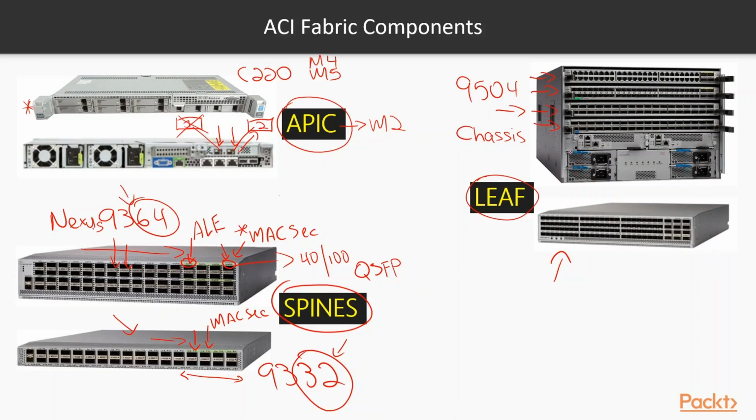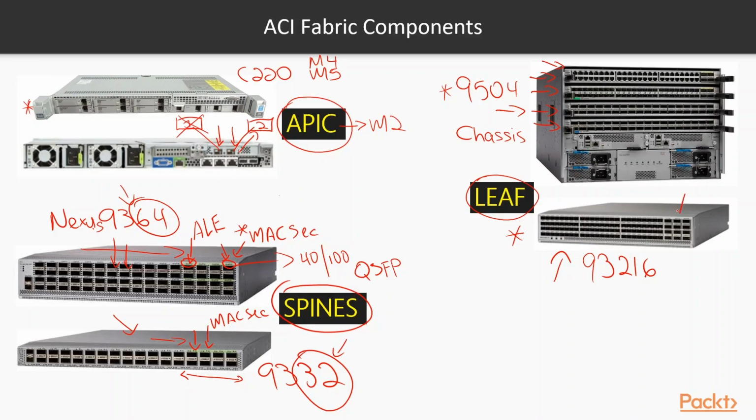If we need port density, we keep adding line cards, and if we need different media types, we just use a line card for that particular purpose. The other is a rack mount 2U leaf where you have a fixed set of ports, and you use those ports to connect all your devices to the fabric.